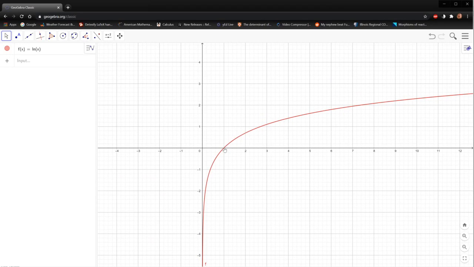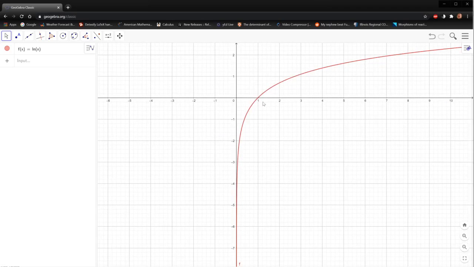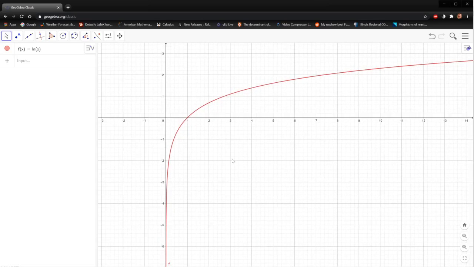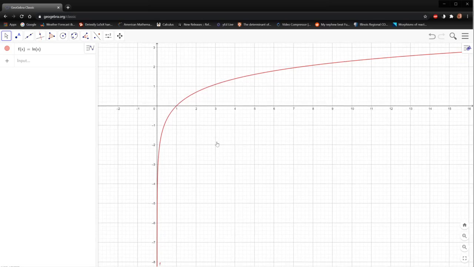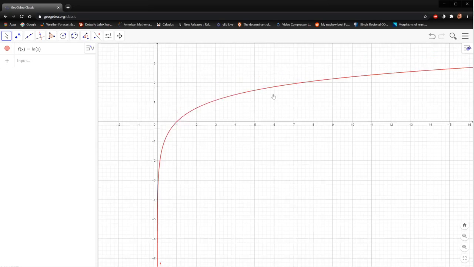So log at 1 is 0. Everywhere to the right of 1, it is positive. Everywhere to the left of 1, it is negative. And at 0 and to the left of 0, it doesn't even exist. So it's only defined for positive numbers. You can also see that as we approach 0, the natural log plummets to negative infinity.